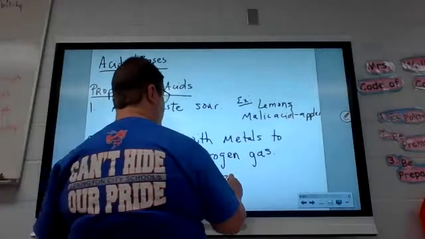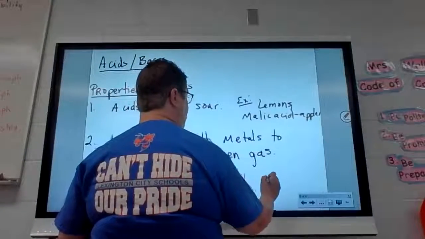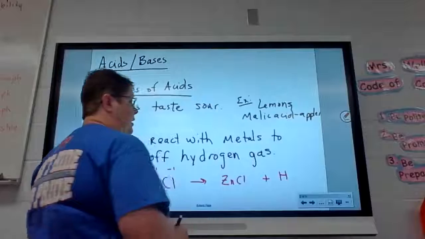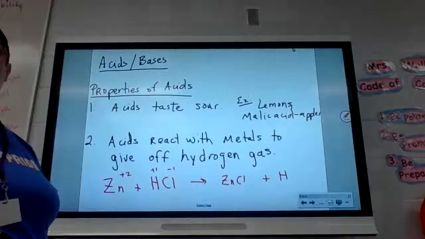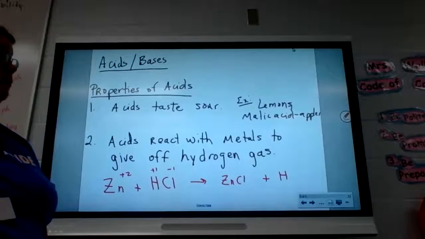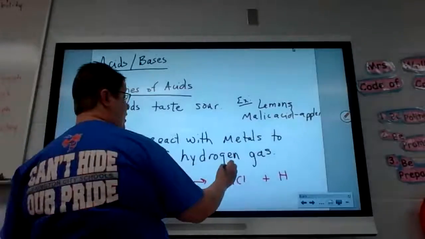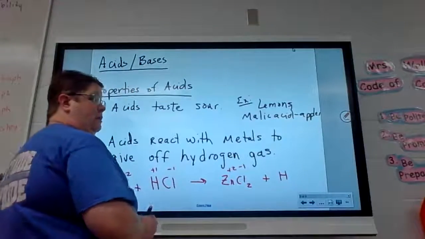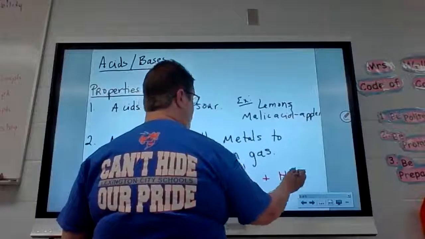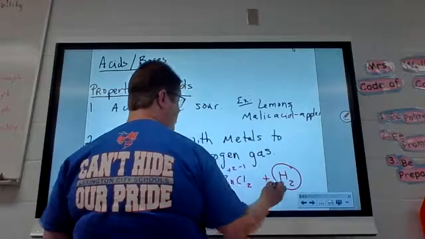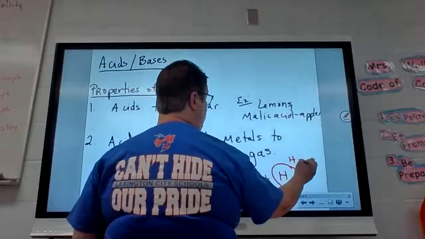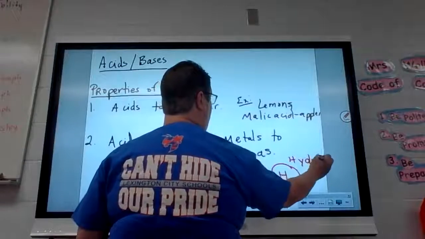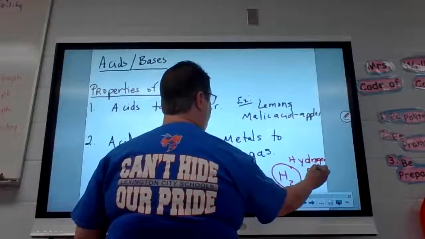Zn and H. So you get zinc chloride plus hydrogen. Zinc chloride is a compound, so what do we need to do? Switch your oxidation numbers, +2, -1. And hydrogen's by itself, what do you check? This right here is your hydrogen gas.